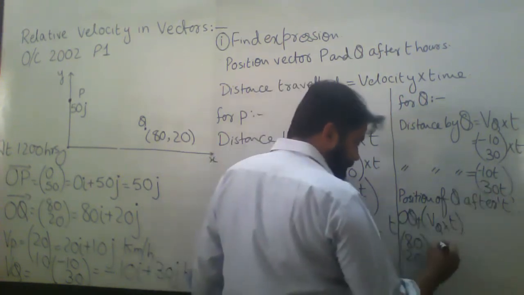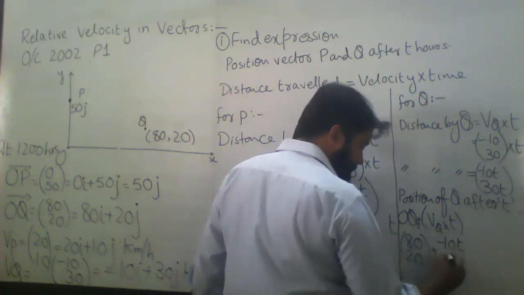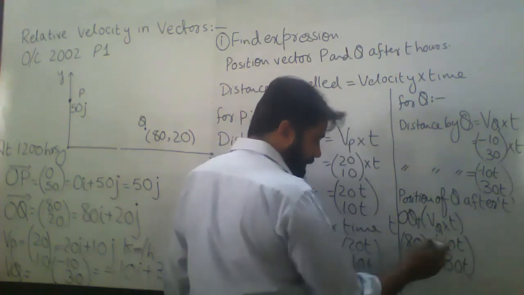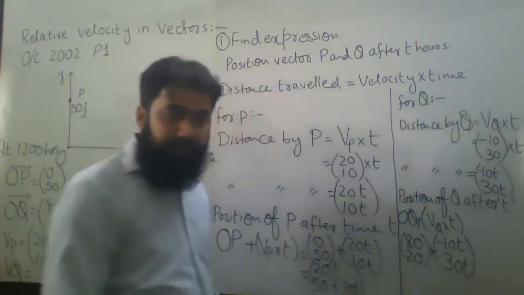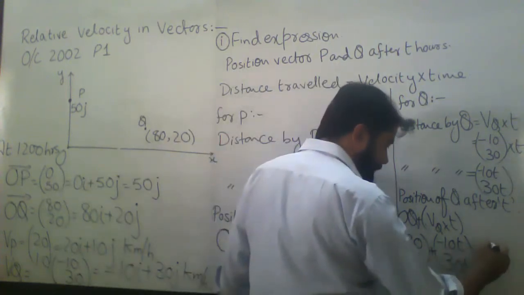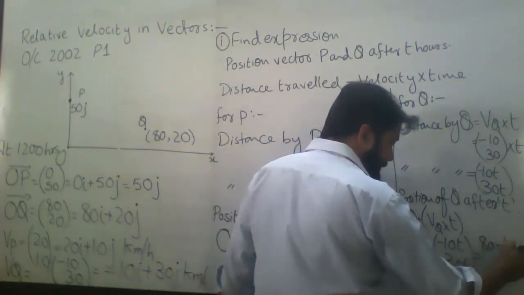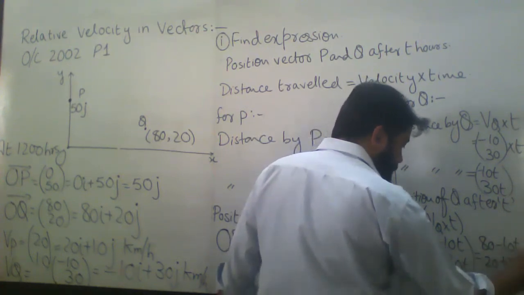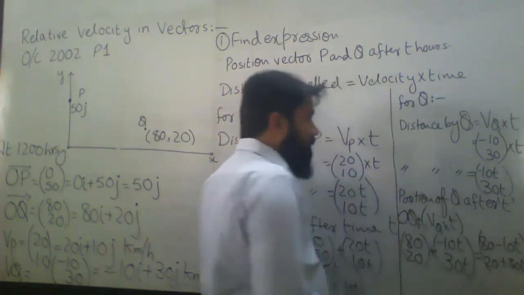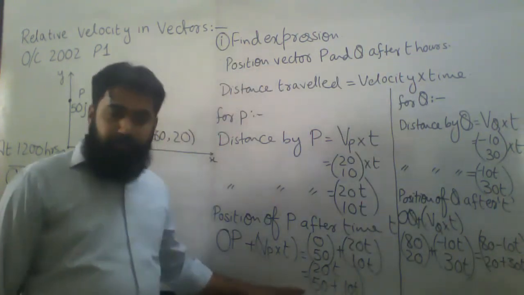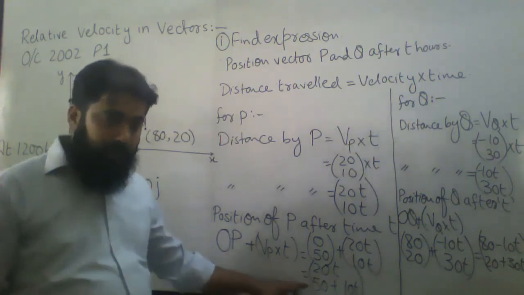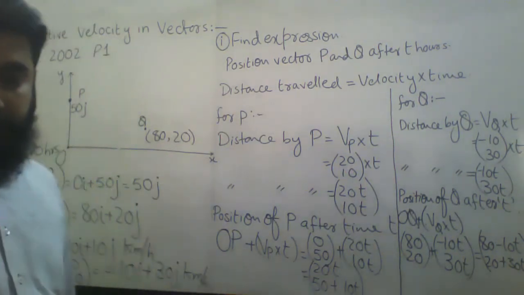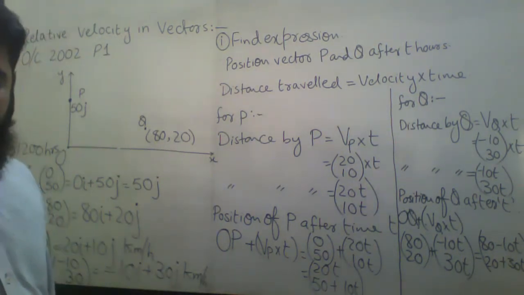VQ into T was (minus 10T, 30T). Again we add them. When I simplify it, my answer is going to be (80 minus 10T, 20 plus 30T). This is the position of P after time T hours, and this is the position of Q after time T hours. Okay, this is the first part which they have asked for.